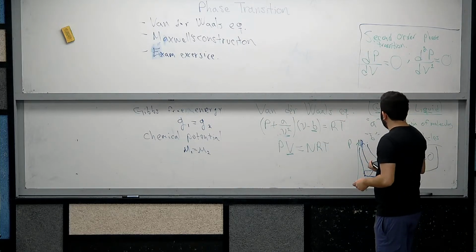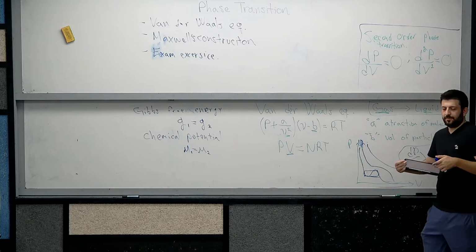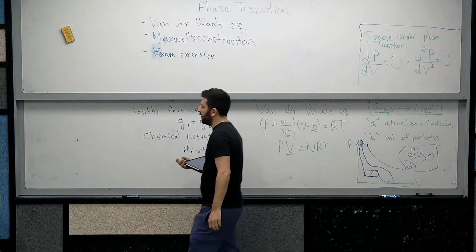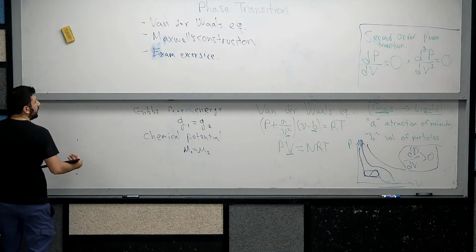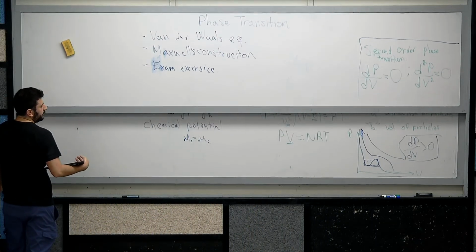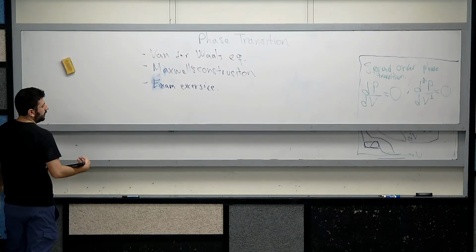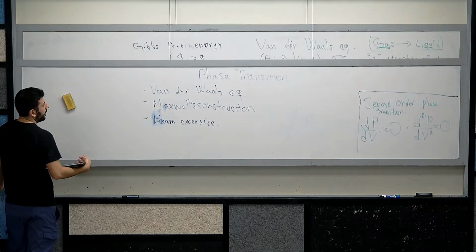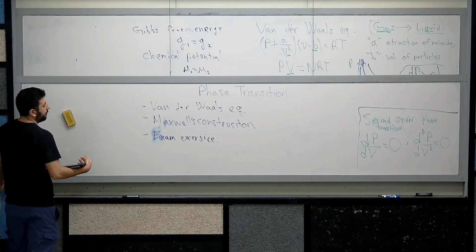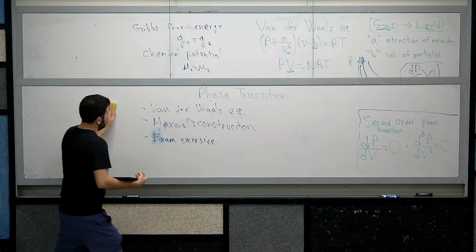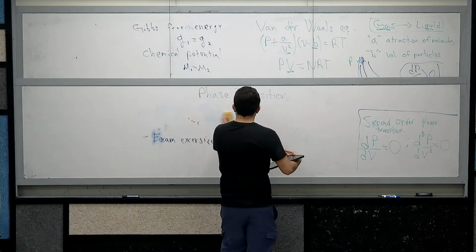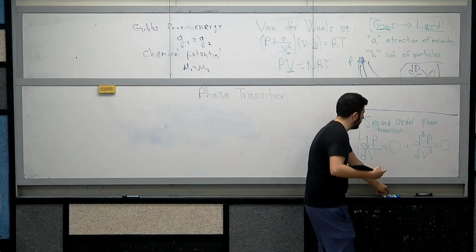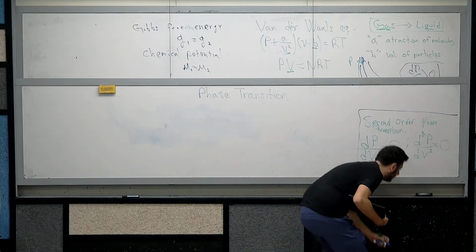So what can we do about it? Okay, so the Maxwell construction is a way to deal with this. The Maxwell construction is a way of being honest.